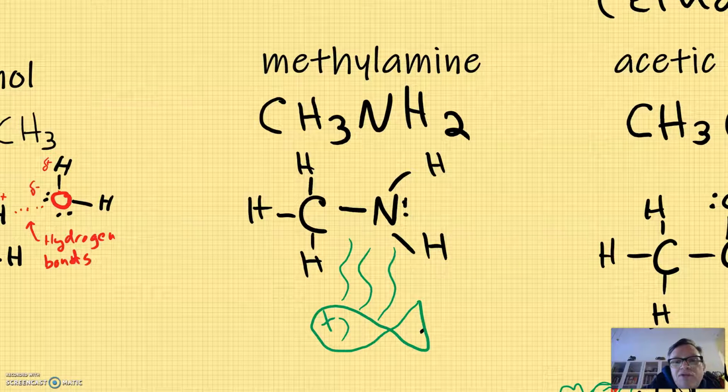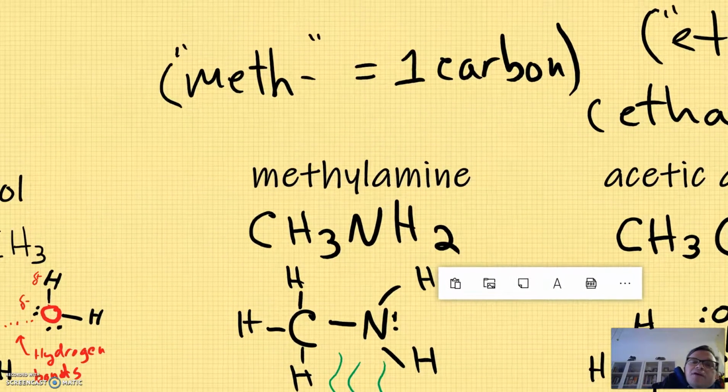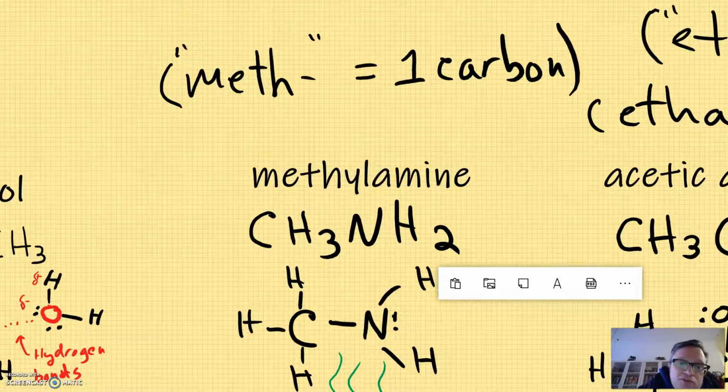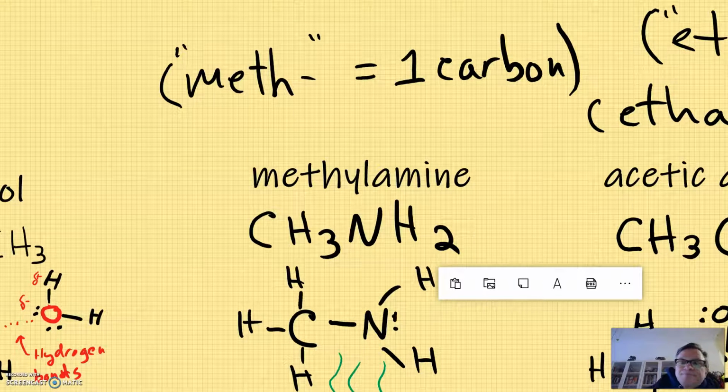An example that you may have encountered in your actual life is methylamine. Methylamine is a simple compound that is responsible for the sort of fishy smell to lake water. Oh, and by the way, the meth in methylamine refers to there being one carbon in it.